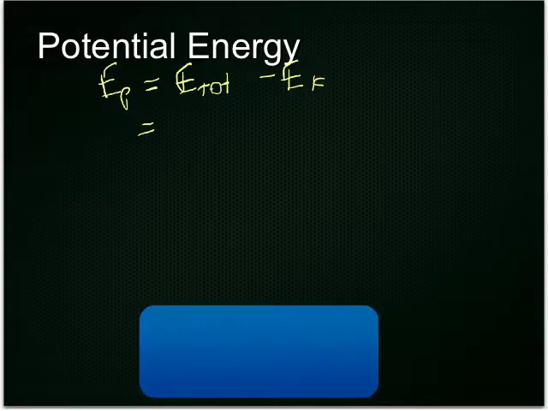So now, how do we calculate potential energy? Potential energy will be equal to total energy minus kinetic energy. We know from before that the total energy is the maximum kinetic energy. So let's put in the maximum kinetic energy and take off kinetic energy at any time.